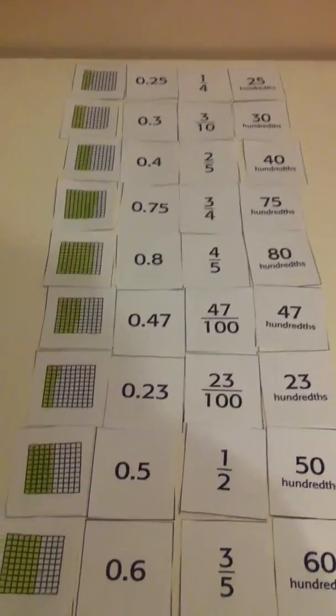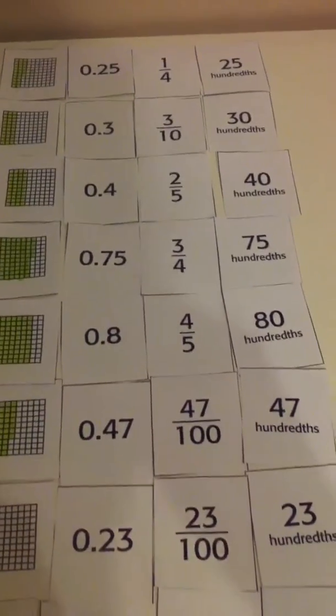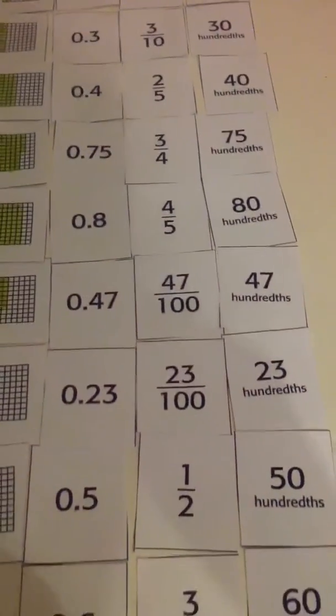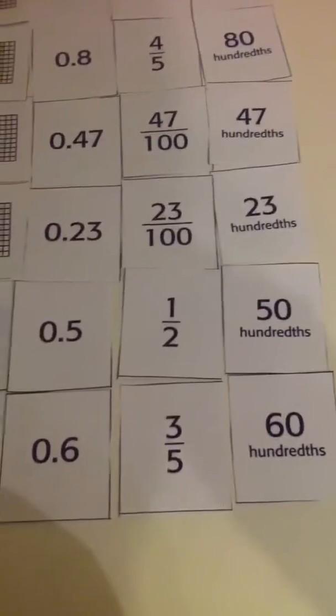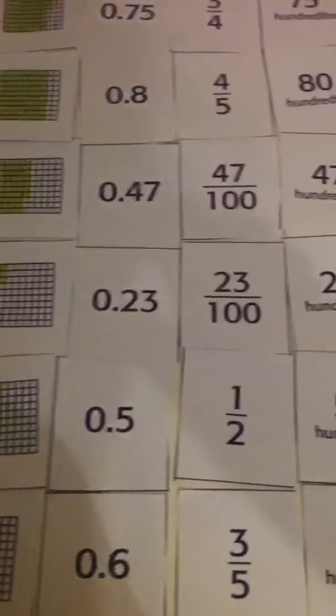Students will then be successful in reading, representing, comparing and ordering whole numbers to 100,000 and decimal numbers to 100ths, proper and improper fractions and mixed numbers. That is the justification and overall student expectation of this learning activity.